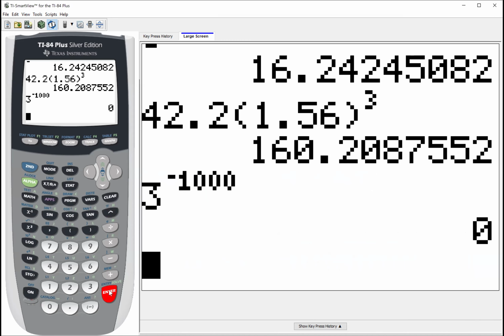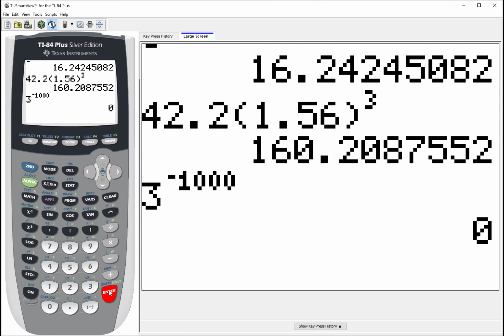It's going to be very, very close to 0, but not exactly 0. So the calculator is telling us, okay, it's going to be approximately 0. And the reason is it can't fit all the zeros on the screen.